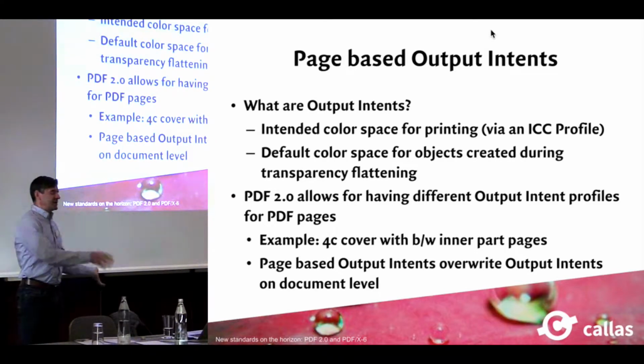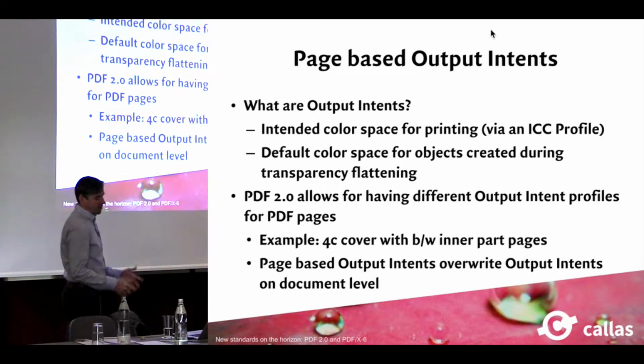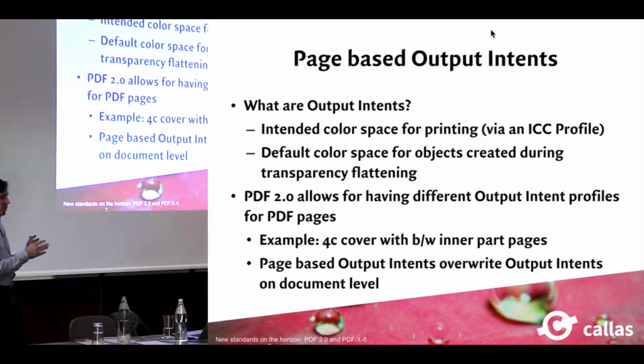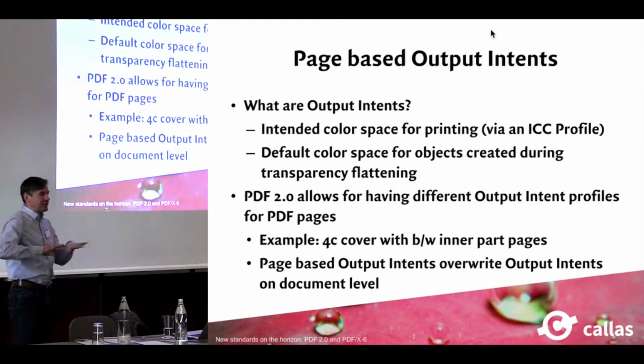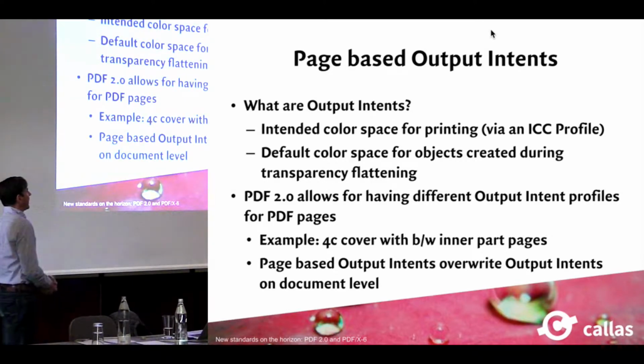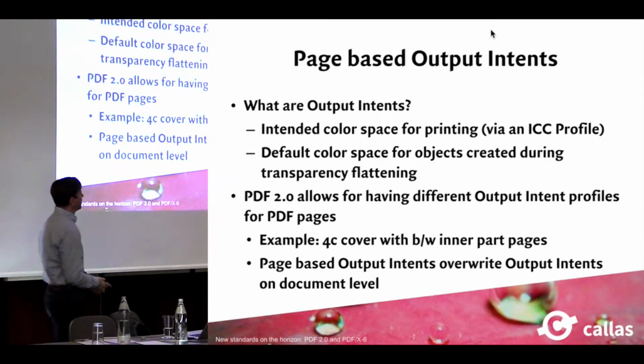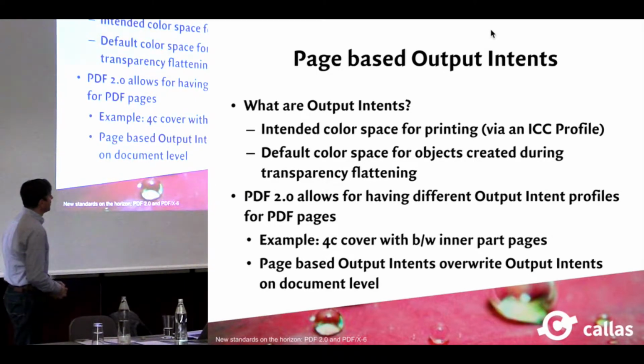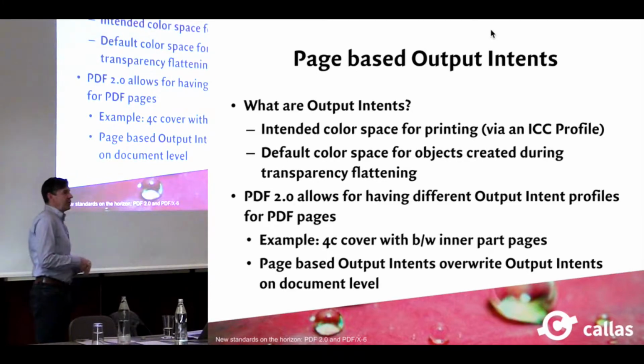Yeah, so in PDF, I always say PDF/A1, it's PDF/1, you have only document-level output intents, so you can only define for the whole PDF file for which printing process it has been created, whether it's for ISO-coated or whatever. In pdfToolbox, it's also possible to define that on a page level.